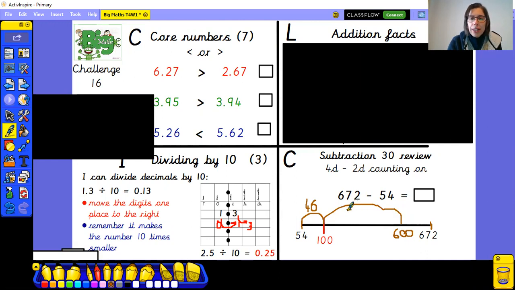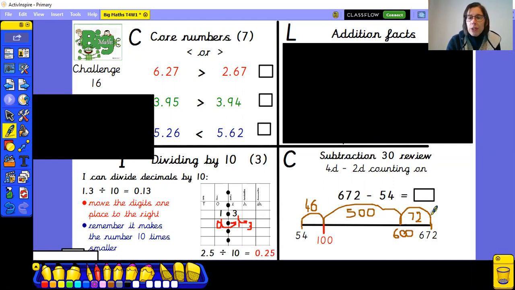And hopefully you will all tell me that it's 500. Now what is the difference here? What is the value of this bond between 672 and 600? What is the value of this jump? It's 72. Good job.